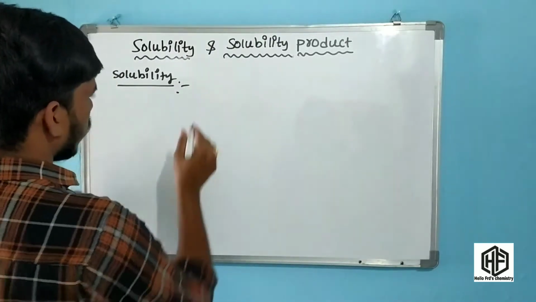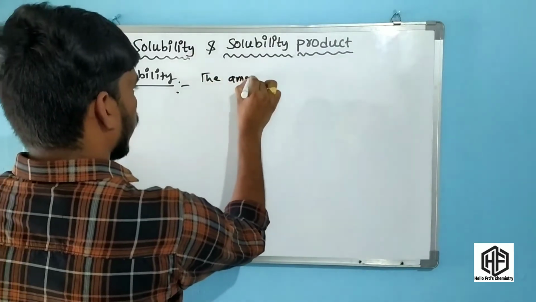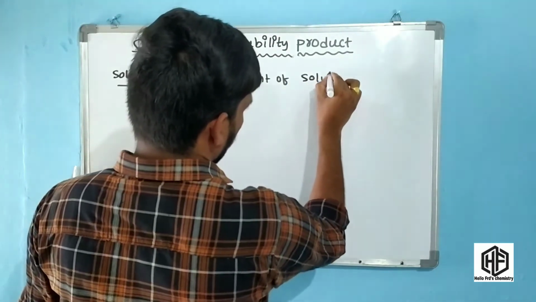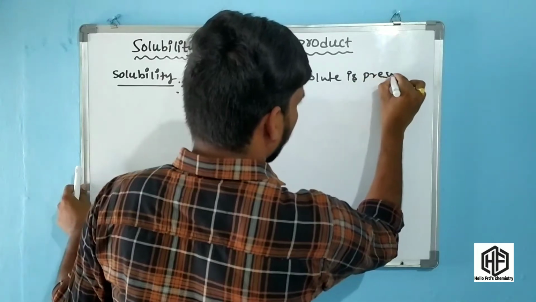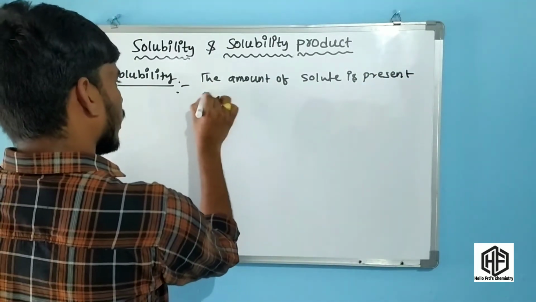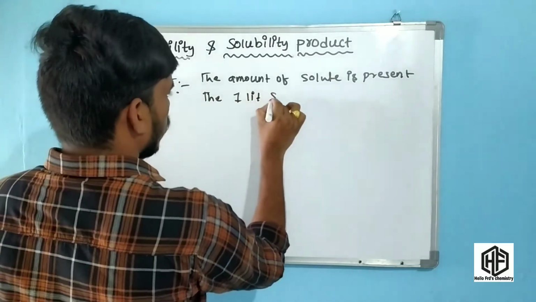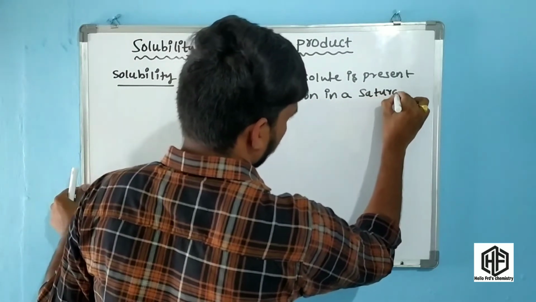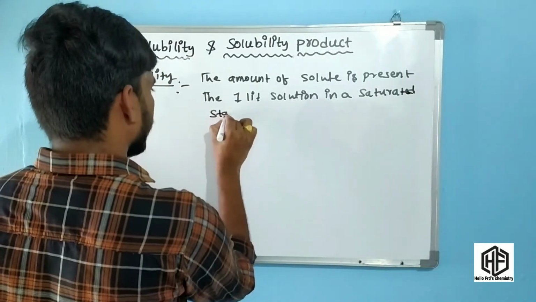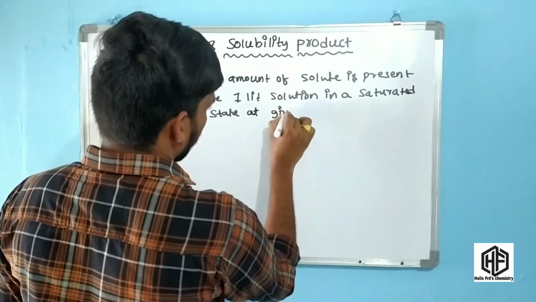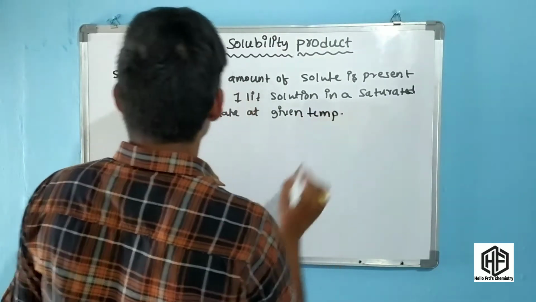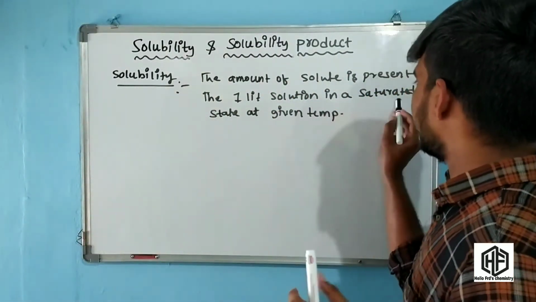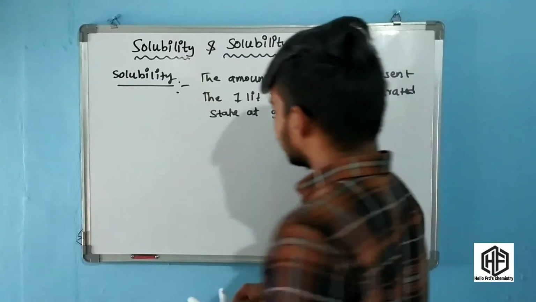Solubility is the amount of solute present in 1 liter of solution in a saturated state at a given temperature. This is called solubility.